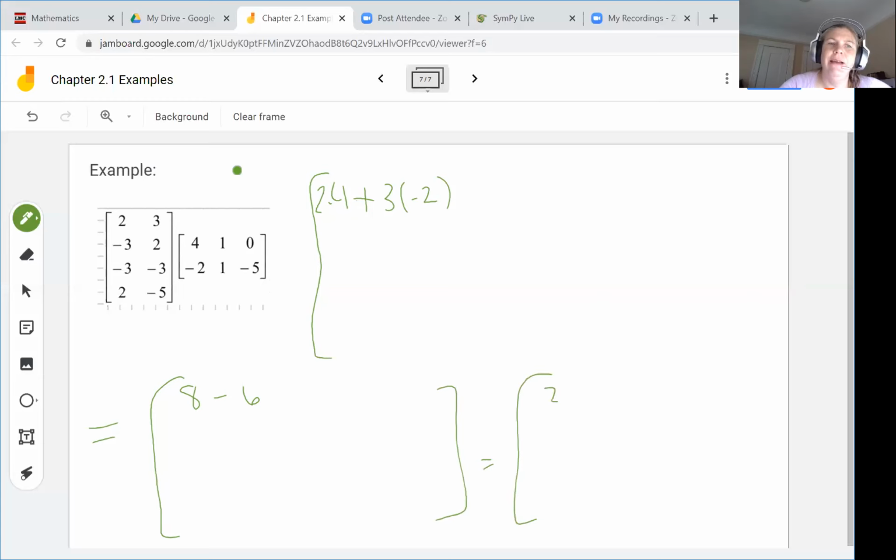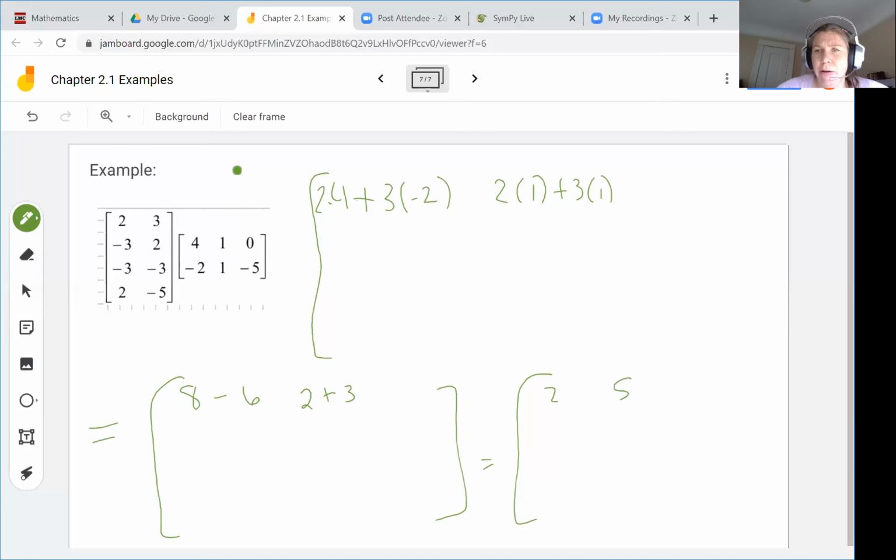All right, and then our next entry is going to be 2 times 1 plus 3 times 1. So that is going to be 2 plus 3, or 5.